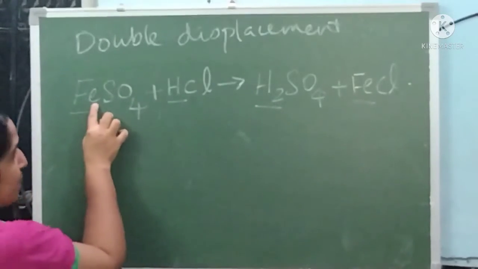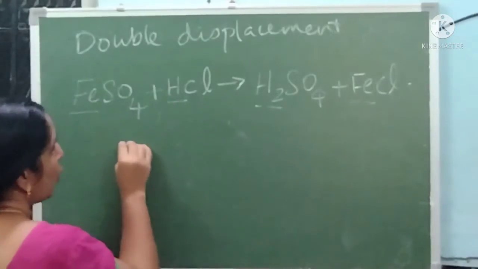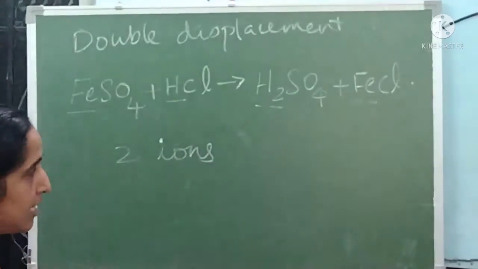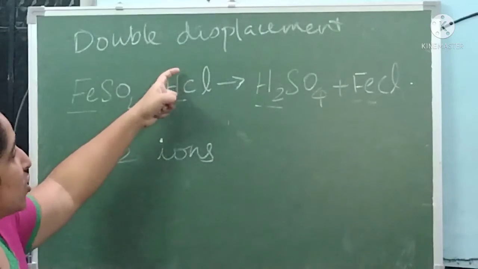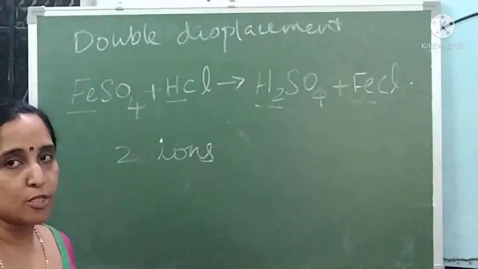Here Fe is displaced by H and hydrogen is displaced by Fe. Here the two ions are displaced by other ions. Hence it is called a double displacement reaction. This is an important reaction. Double displacement, exchange of ions, is called a double displacement reaction.